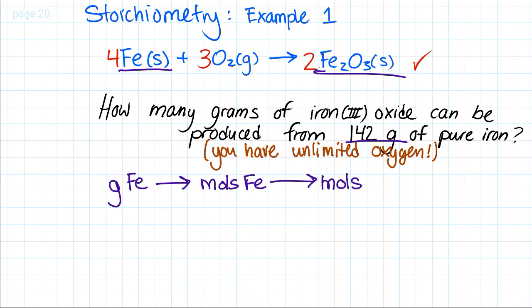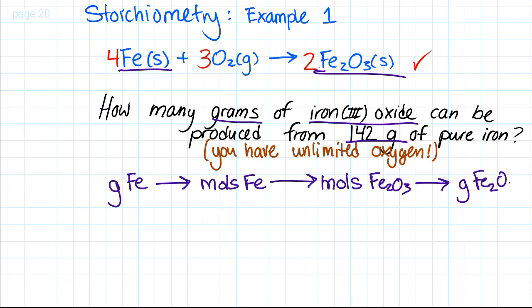And that other thing in this case is what we care about, which is the iron 3 oxide, so that's Fe2O3. And once you're in moles of what you're going to, the last step is to actually get there. It asks us for how many grams of iron 3 oxide, so I'm going to put g of Fe2O3. This is the map.